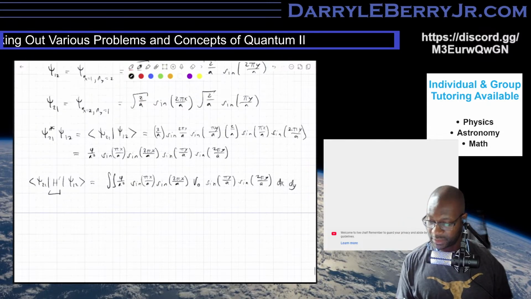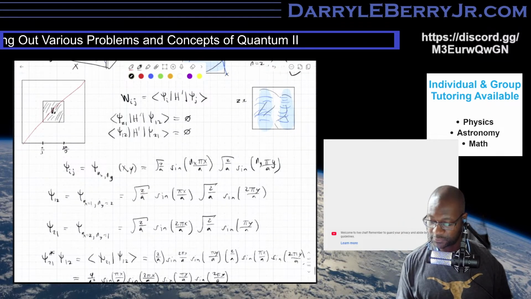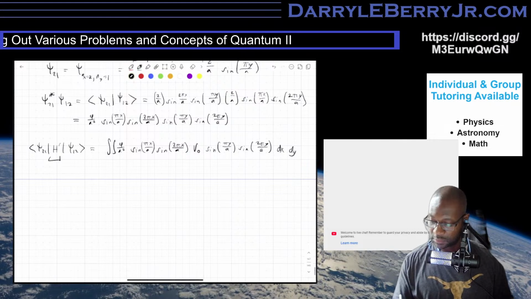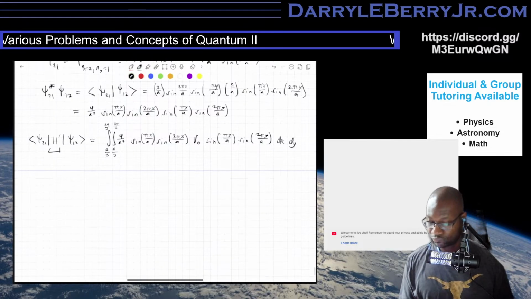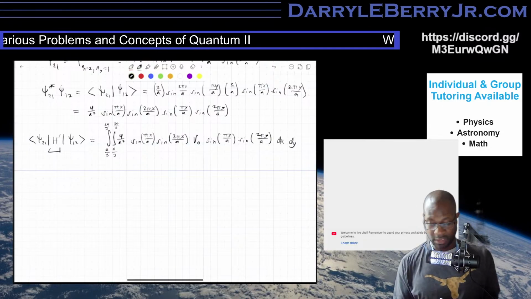So we put the bounds a over 3, a over 3, 2a over 3, 2a over 3. I wonder if I can do this with a calculator.